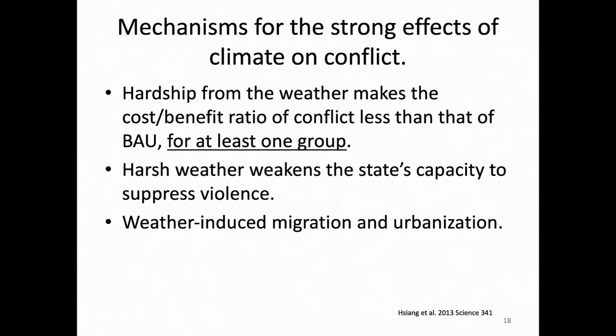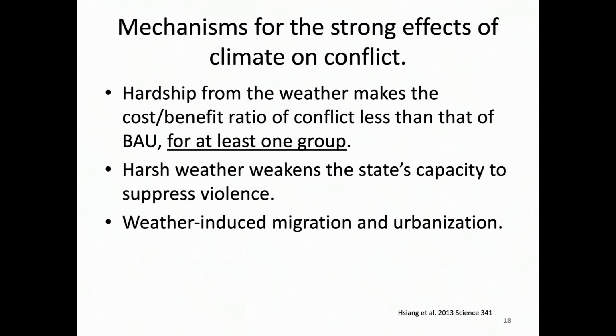So the mechanisms for the strong effects of climate on conflict are that the hardship from the weather makes the cost-benefit ratio of conflict less than that of business as usual for at least one group. This actually came out of a study. And for the life of me, I can't figure out the difference between that statement and the statement that weather somehow makes conflict go up, okay?